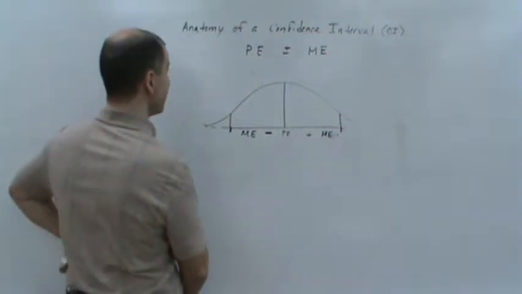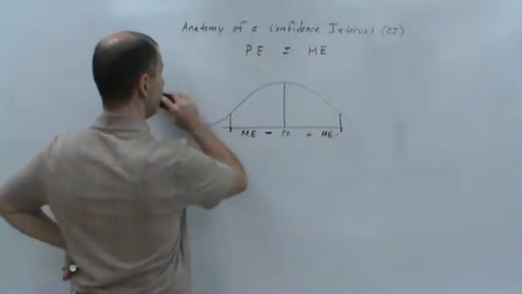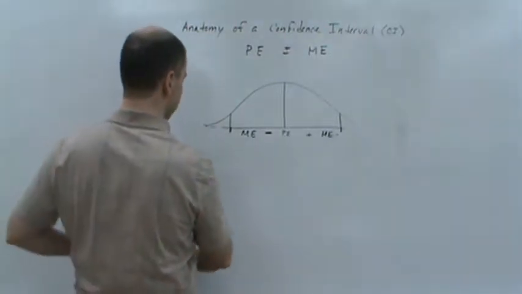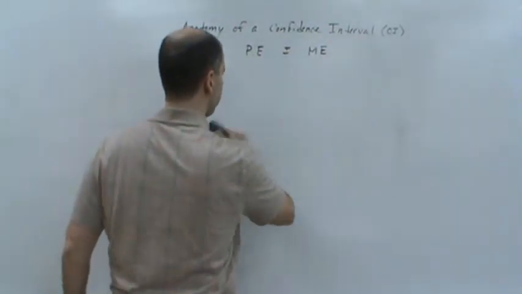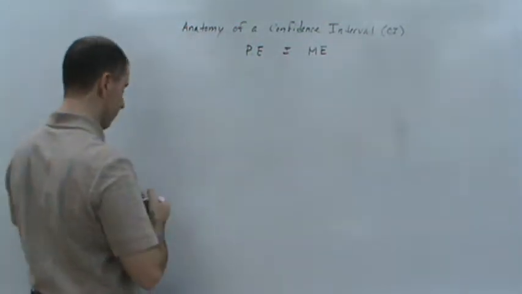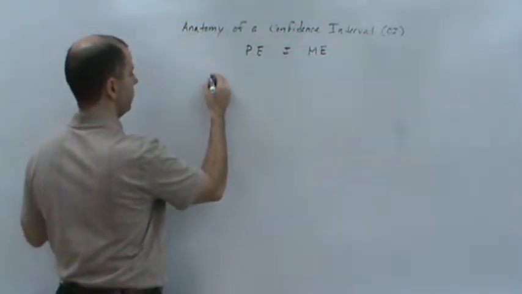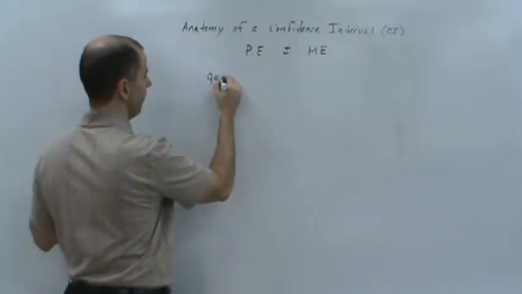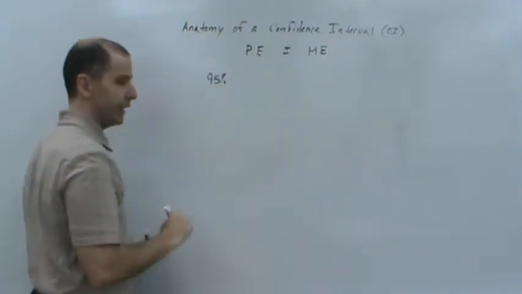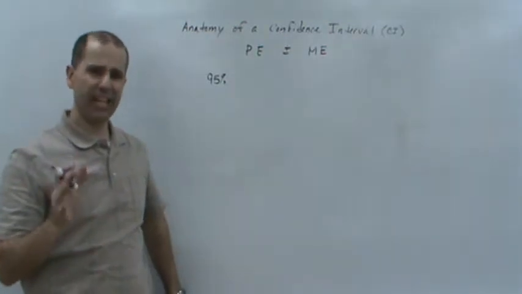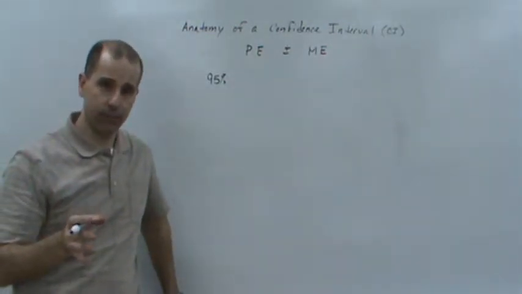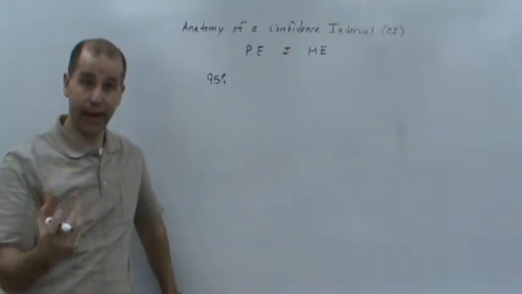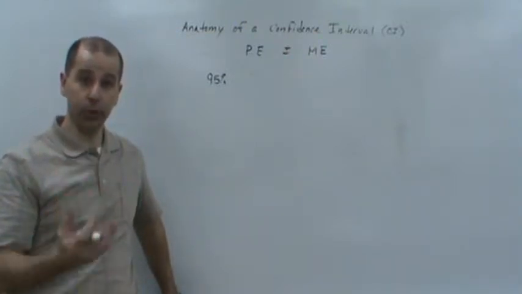Okay, so let's say we want the confidence interval for the population mean. Let's say we want a confidence interval that we're 95% confident is going to have the true average of the population, mu.